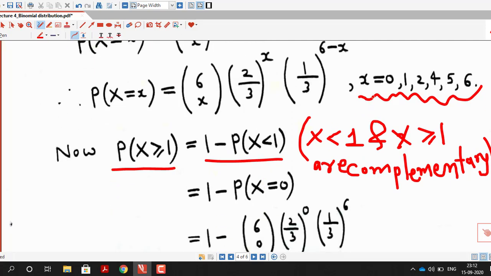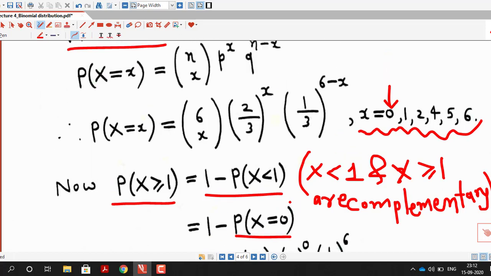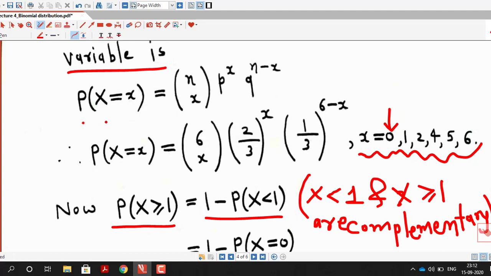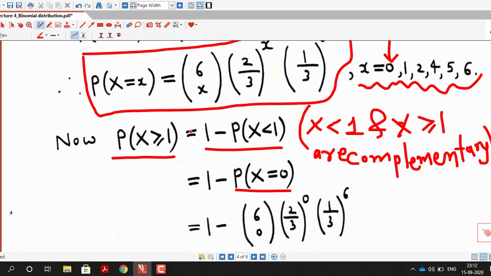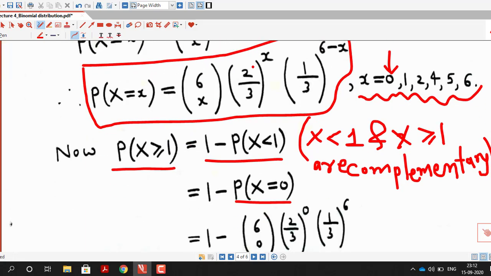So the value of x which is strictly less than 1 is 0 only. So we obtain this is equal to 1 minus probability that x equal to 0, and then we put x equal to 0 in this formula. So if I put x equal to 0, I will obtain 6C0, 2 by 3 raised to 0, 1 by 3 raised to 6 minus 0, that is 6.